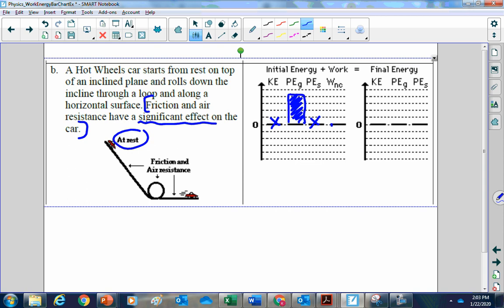Maybe I would do -1 bars worth of negative work. And then of course I still have 0 and 0 here. So 4 plus -1 has to equal 3 on this side. So then I would draw 3 bars of kinetic energy that the car will have at the bottom of the hill. Okay.